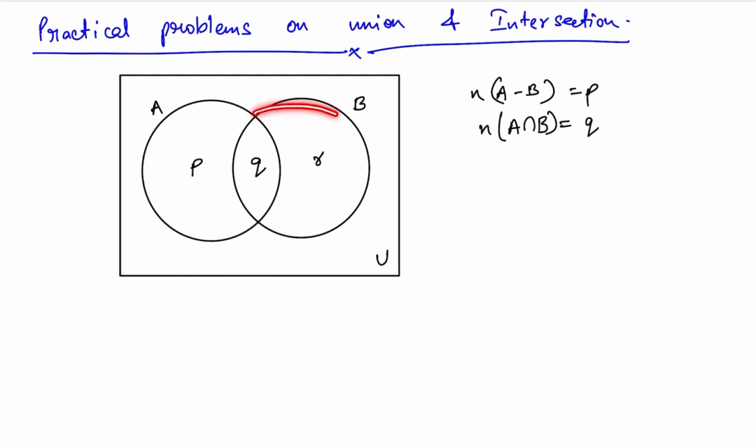Then this region is B minus A, so the number of elements in B minus A is r. So we have assumed this. Now we will formulate a relation between the union of two sets and the intersection of two sets.